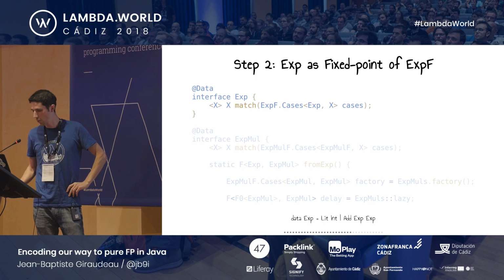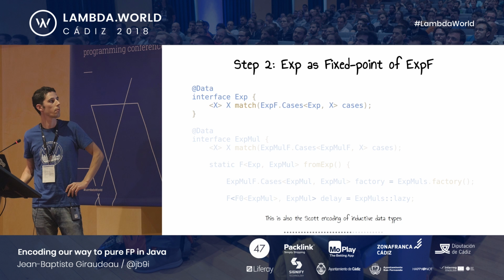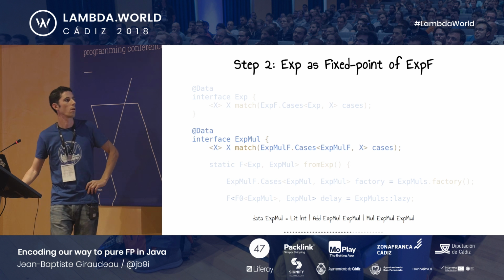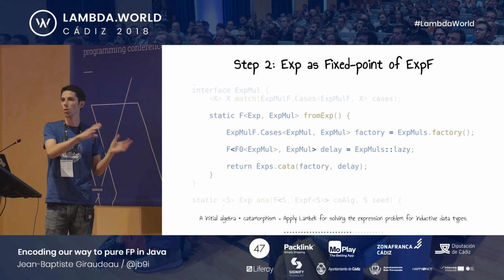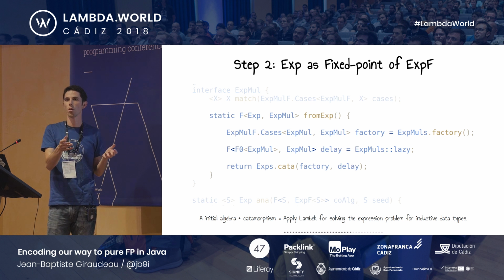And now, to finally solve the expression problem, we need a way to use values that have been created in the first compilation unit and use them in the new compilation unit. So you need a way to easily translate an Exp value into an ExpMul value.